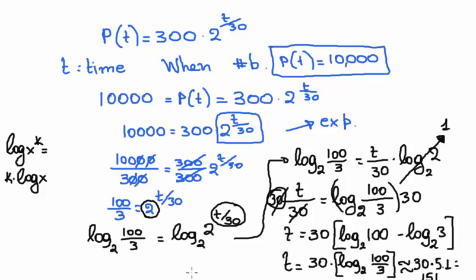What does this tell me? This tells me that after 151 days, the population of bacteria in the specific organism is going to be 10,000, and this is going to be dangerous for the specific organism.